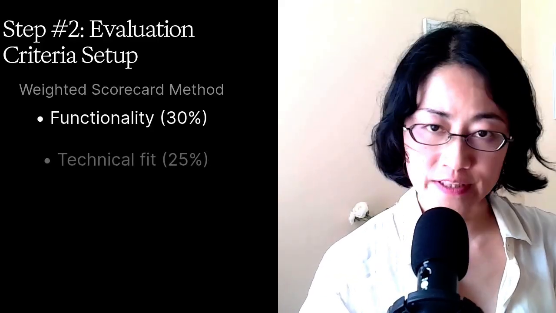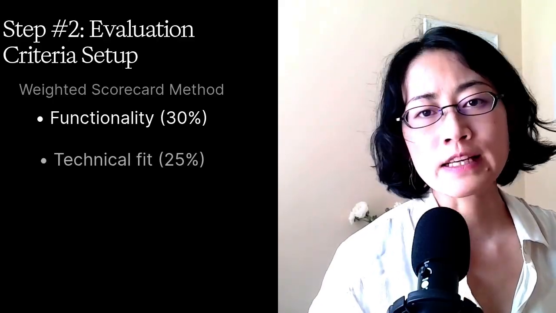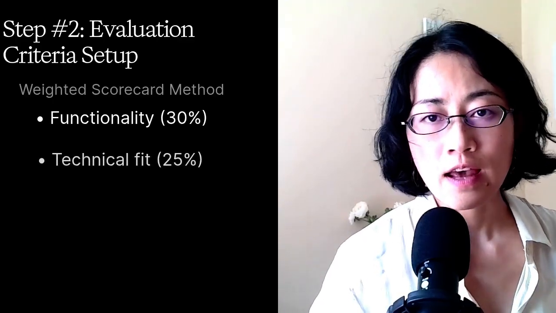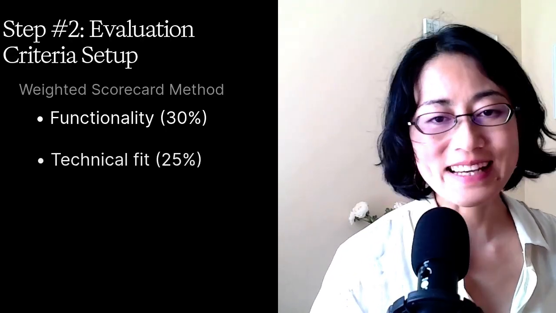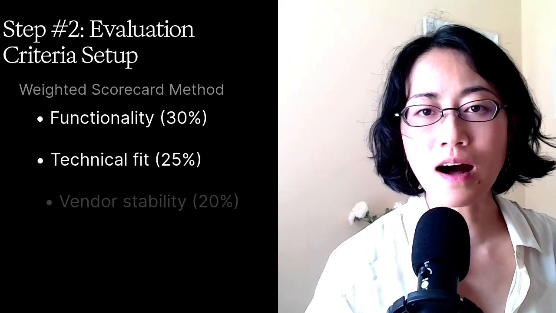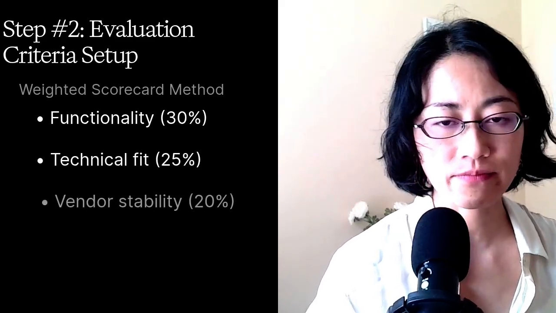Second, technical fit. I normally put 25%. It's about, do we have relevant data to fit the solution? Will there be any system integration issue I need to think about? Is there any problem aligning this solution with our company's cloud strategy and infrastructure plan?